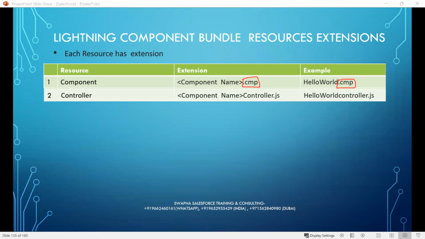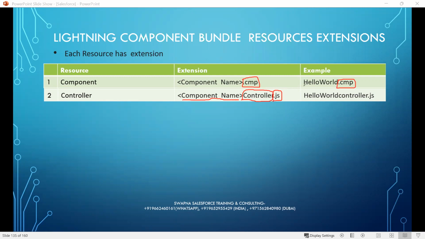The second resource is controller. Controller has the component name followed by controller, so component name plus controller dot js. The extension is dot js, but before that it adds the word controller to the component name.